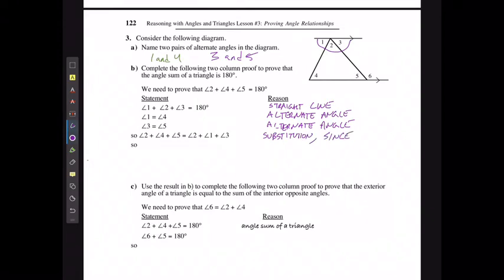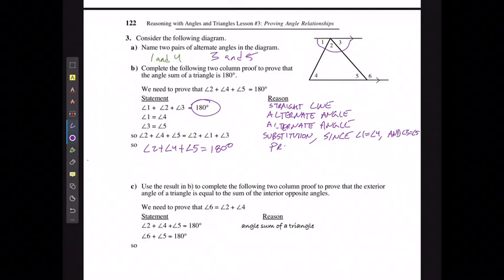Since we've already proven that angle 1 is equal to angle 4 and angle 3 is equal to angle 5, I just substituted the 1 with the 4 and the 3 with the 5 from my original equation, which means that that proves that angle 2 plus angle 4 plus angle 5, if it's equal to 1 and 2 and 3, we already know that that is 180 degrees.